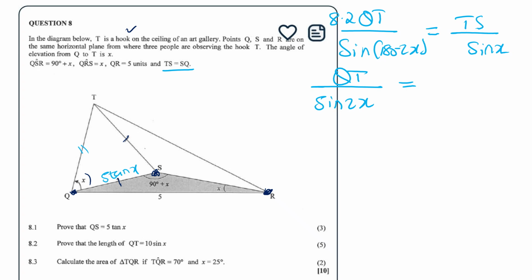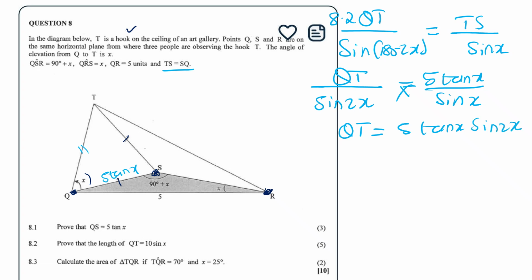Therefore 5 tan x over sine of x. Now QT is equivalent to, if we cross multiply, 5 tan x sine 2x over sine of x.